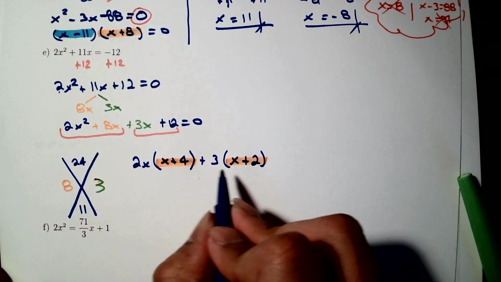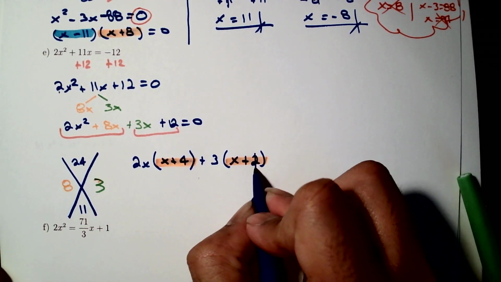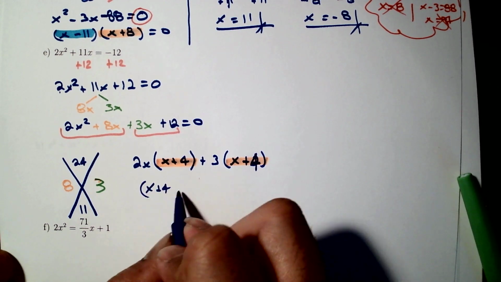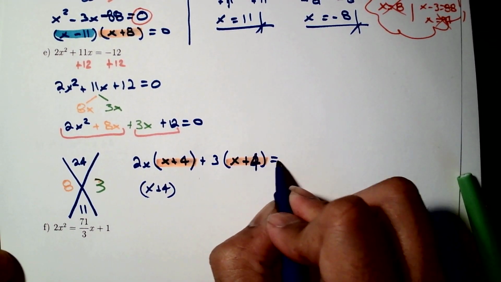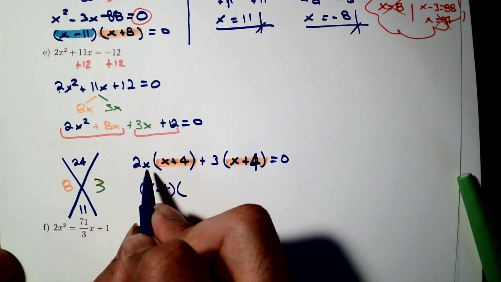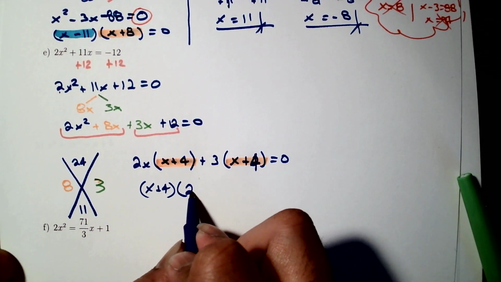So I'm going to factor out the x plus 4. Oh, don't forget to write equal to 0 because we're solving an equation. And then 2x plus 3.